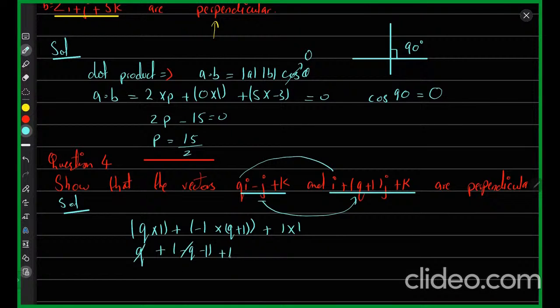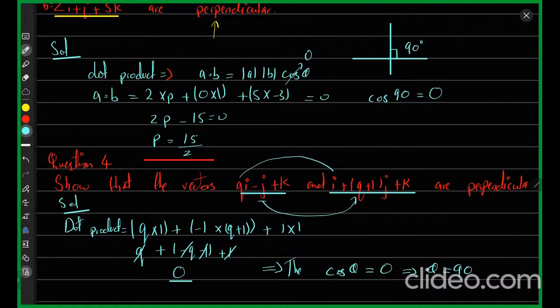Minus q and q, 1 and minus 1 are cancelled, and this is giving me 0. So since the dot product has turned out to be 0, this implies that the cos theta was 0, and this means that theta was basically equal to 90 degrees.